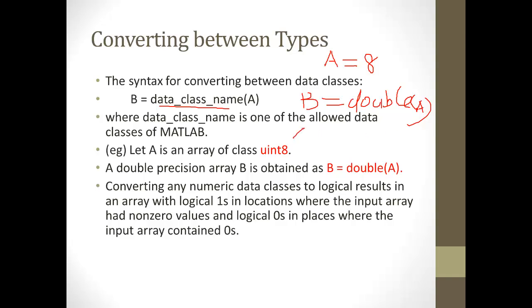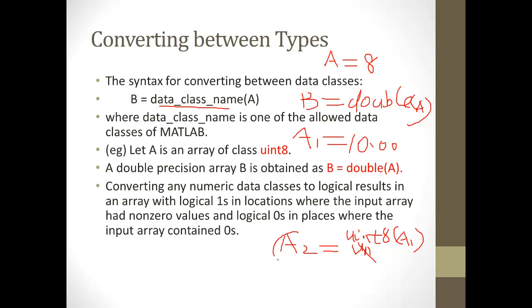Another case is A1 equal to -10.0. You want to convert A1 to A2 equal to, also you can use uint8, convert to unsigned integer 8 bits, then use a similar way.